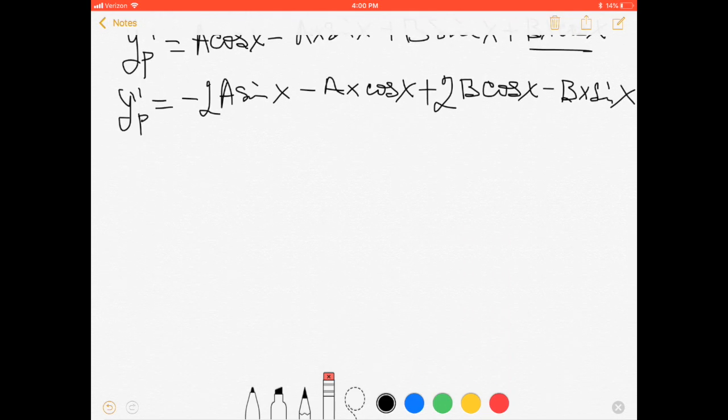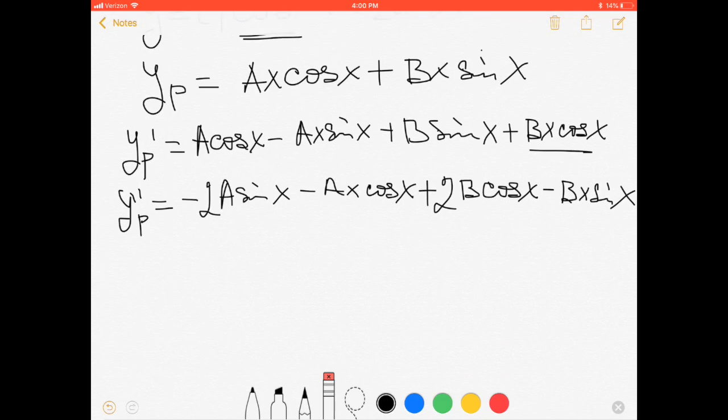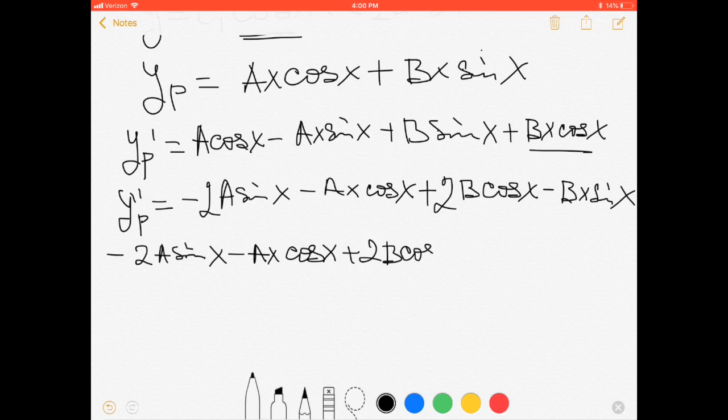Plug in what we found for our equation. We have the second derivative, this means minus 2a sine x minus ax cosine x plus 2b cosine x minus bx sine x, plus the function, this means plus y.